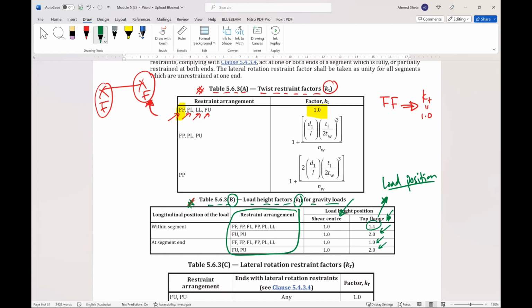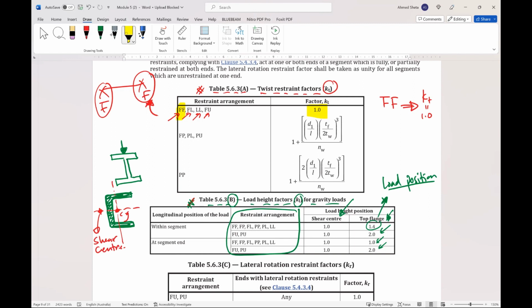As you know, if we have a section like that, the load can be applied here. For other sections, let's say a channel, because it is monosymmetric, it has two centers. This center is called the center of gravity, and a center here is called the shear center.